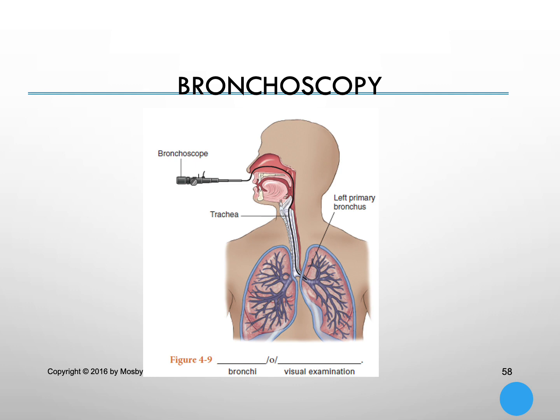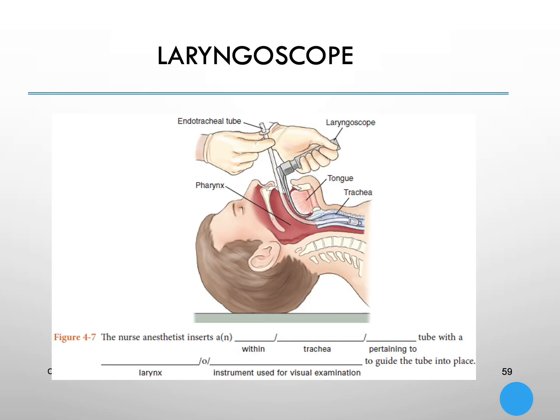All right, so here we are seeing an image of a bronchoscopy. And during a bronchoscopy, a bronchoscope is inserted through the nostril, down through the pharynx and larynx and the trachea and into the bronchus. Here we're looking at an image of a laryngoscope. Now, a laryngoscope is used to insert an endotracheal tube, and an endotracheal tube is what we use when we put the patient to sleep and they're unable to breathe on their own under general anesthesia.